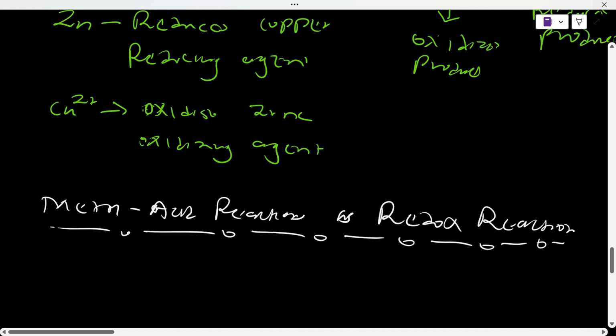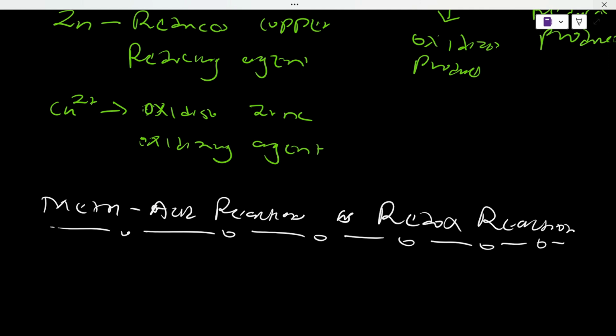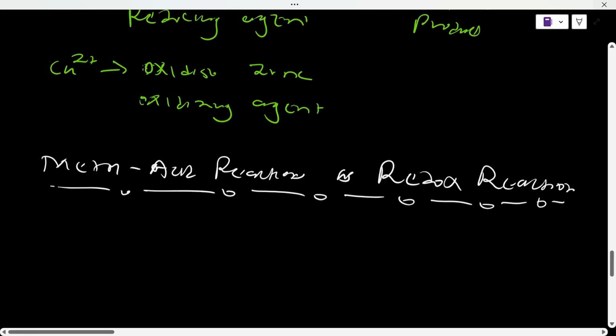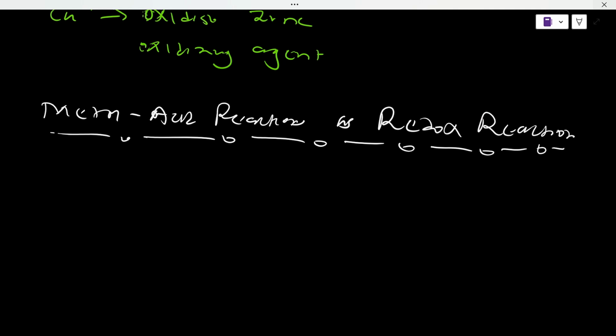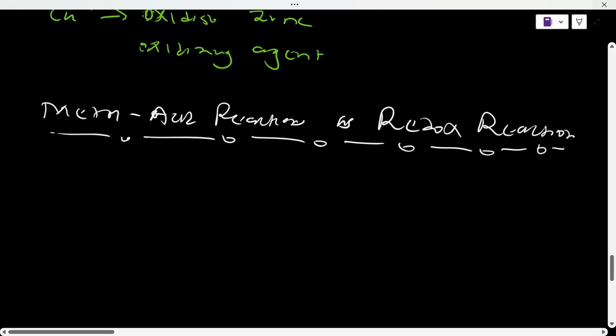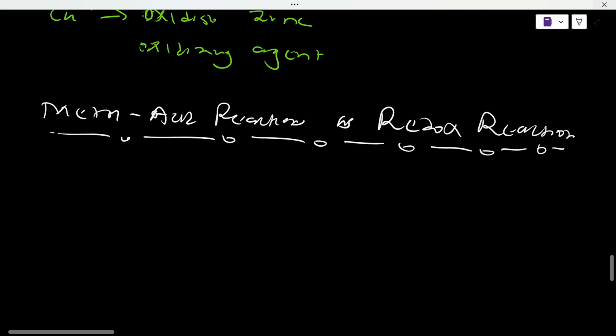I want us now to see how we can treat acid metal reactions as redox reactions. Now, the key thing that we have to know is that acid metal reactions can be treated as redox reactions because they involve reduction and oxidation.